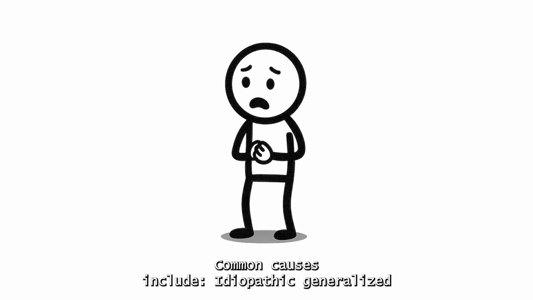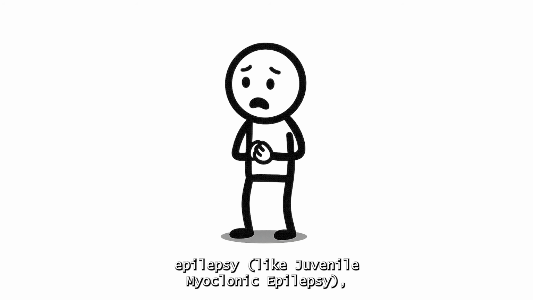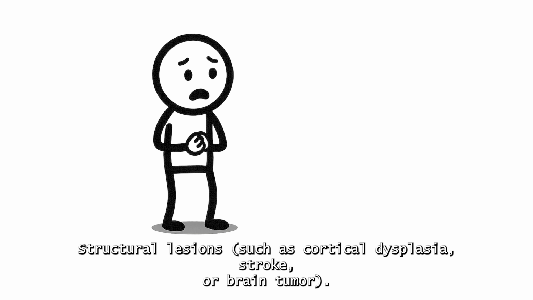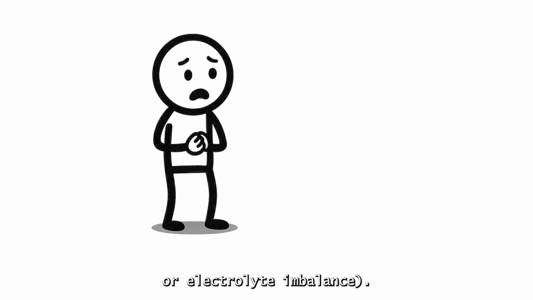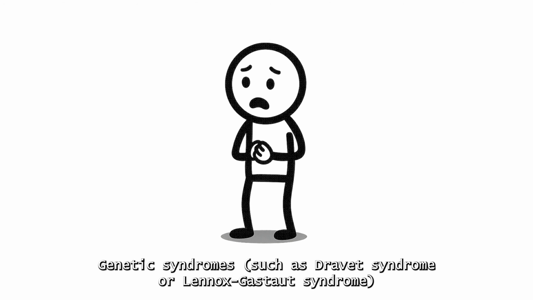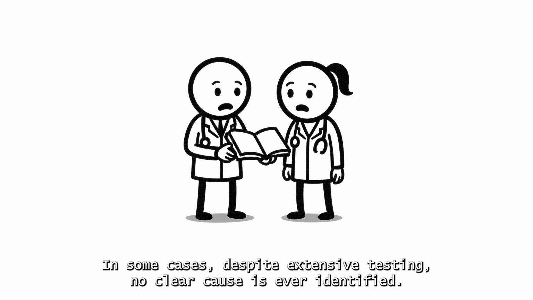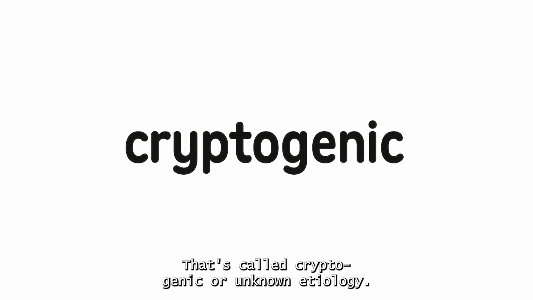Common causes include idiopathic generalized epilepsy like juvenile myoclonic epilepsy, structural lesions such as cortical dysplasia, stroke, or brain tumor, metabolic causes including hypoglycemia or electrolyte imbalance, traumatic brain injury, genetic syndromes such as Dravet syndrome or Lennox-Gastaut syndrome. In some cases, despite extensive testing, no clear cause is ever identified. That's called cryptogenic or unknown etiology.